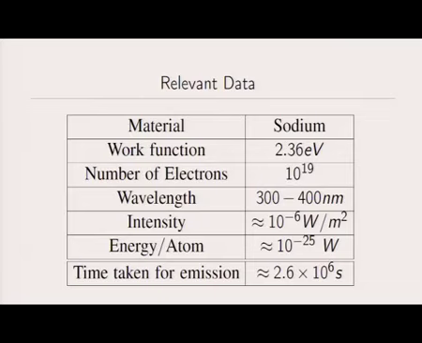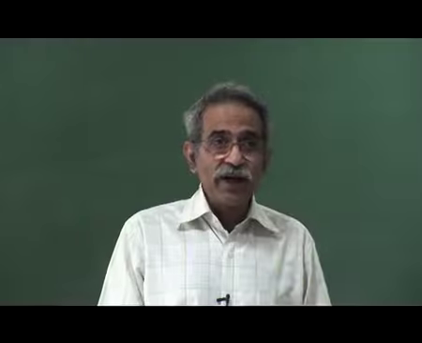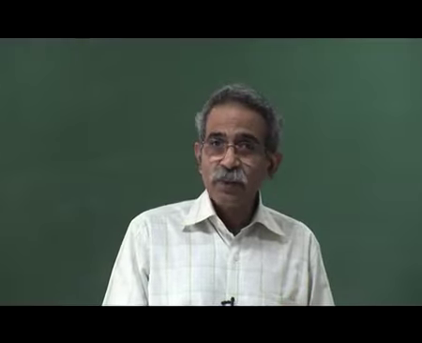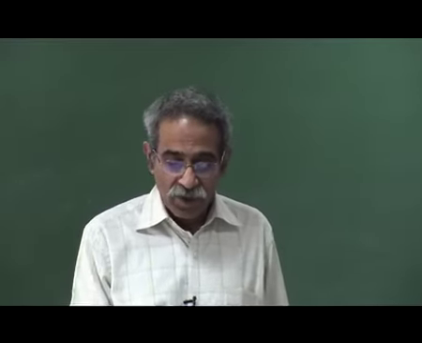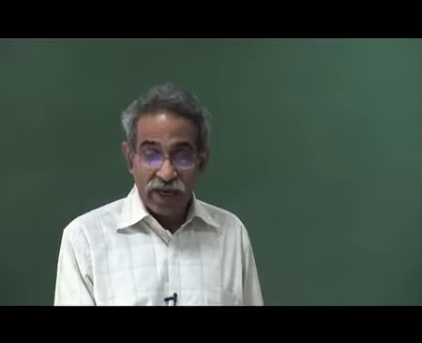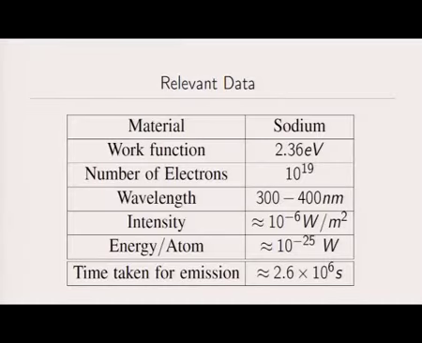Now you can compute how much is the energy for the electron, how much is the time for the electron to gain an energy of how much? About 2 electron volt or 3 electron volt. Plug in all the numbers. If you did a computation, you will get 2.6 into 10 to the power of 6 seconds. So please take this as a home assignment. Note down all these numbers.